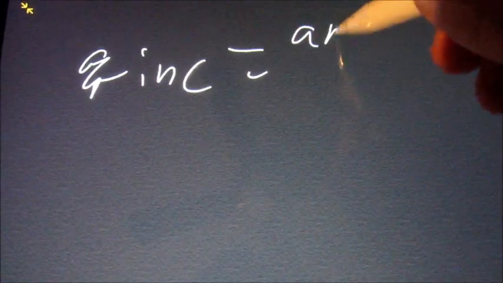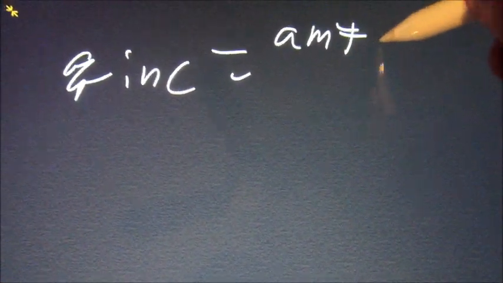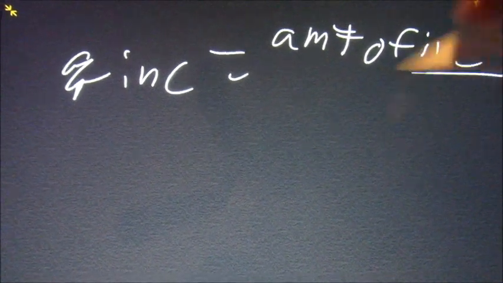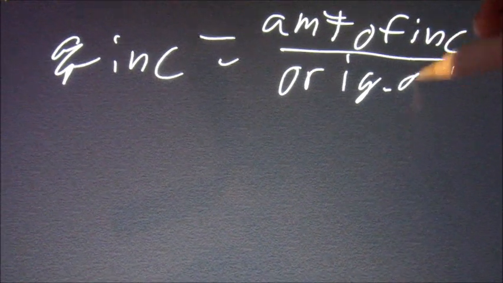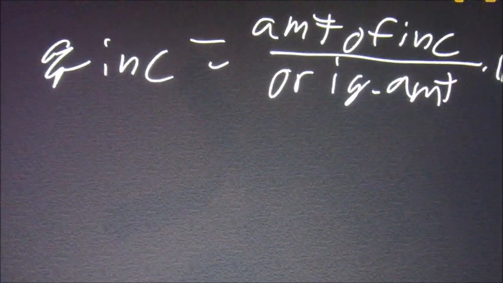Then you're going to have some where you're finding how much something increased or how much something decreased. So the main formulas there are percent increase equals the amount of the increase over the original amount times 100.